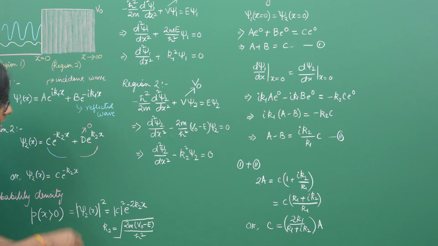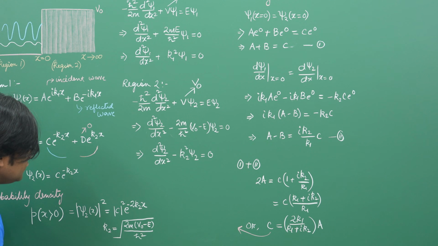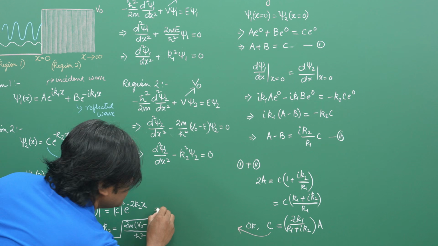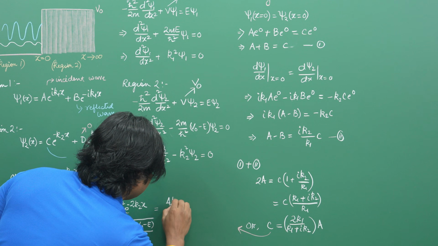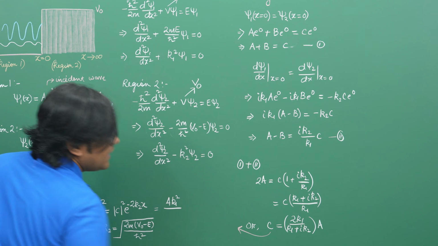That's it. So if I apply this term in this expression, the probability is equal to, therefore, 2 and 2 we have 4 k1 square, and then we have mod square of k1 plus iota k2.